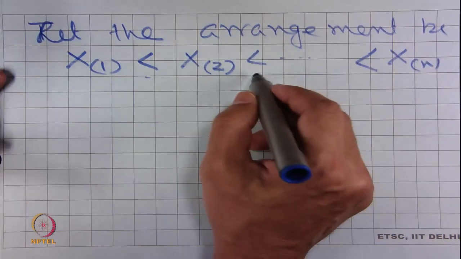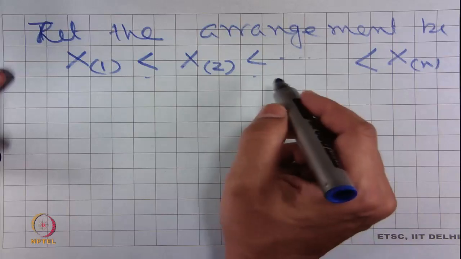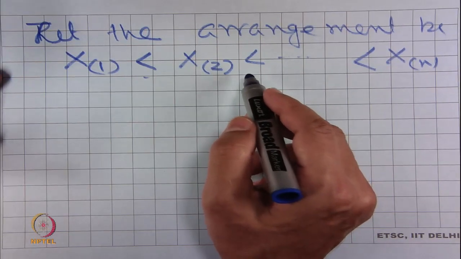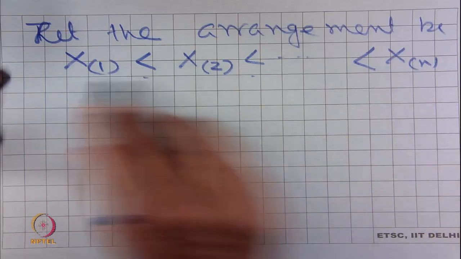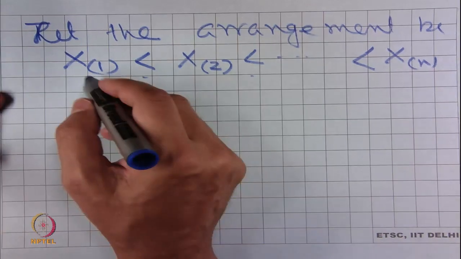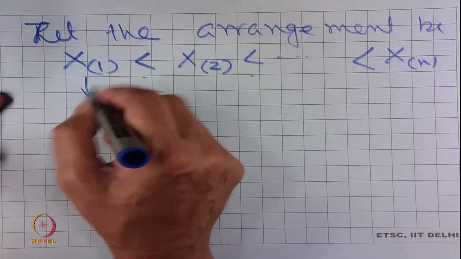I am using strictly less than, because we assume that two sample values cannot be equal, that probability is 0. Therefore, we can get a relative order of the sample. So, what is x bracket 1?